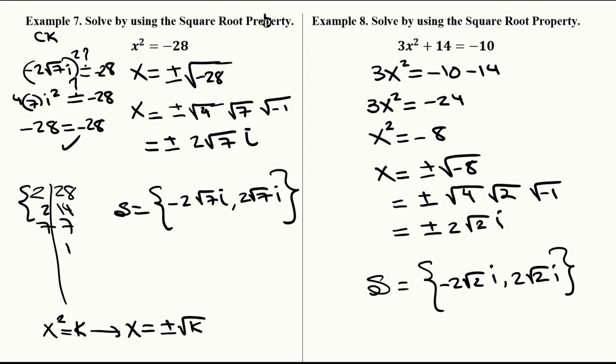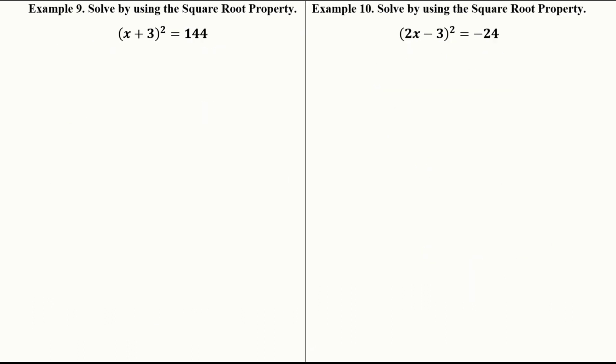So make sure, again, you can do this on your own before we go to the next screen. All right, here's the last two problems we're going to look at. If you notice, they are slightly more complex versions where the expression being squared is not just x but some linear combination of x, but the rule is the same.